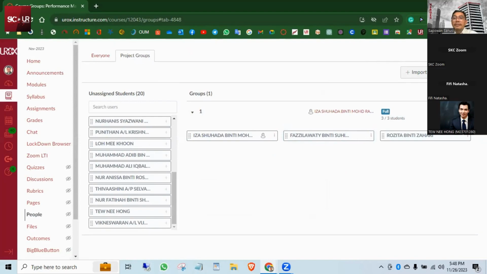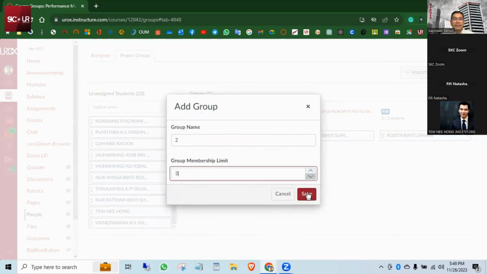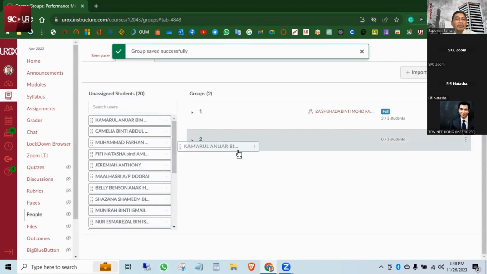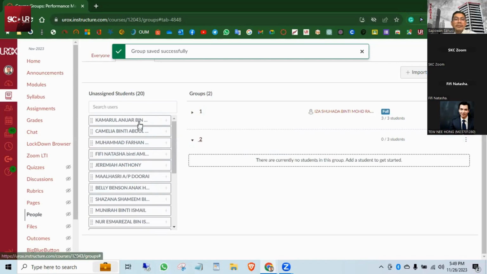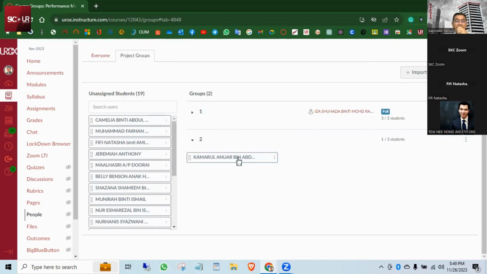Set up. Okay, group 2, I put forward Kamarul Anwar. Your team members, Kamarul Anwar? I leave it to Prof to assign. Anyone want to become Kamarul Anwar's team? Anyone here?